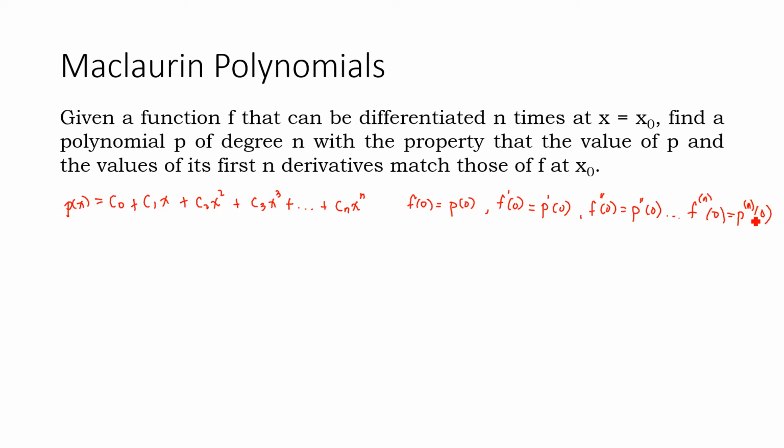In this case, with p of x given as above, our first derivative of p at 0 must be c sub 1.